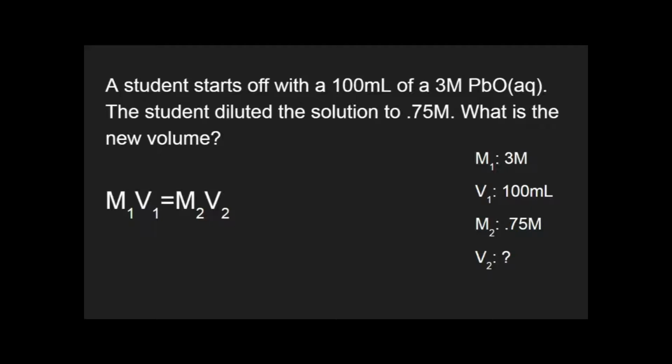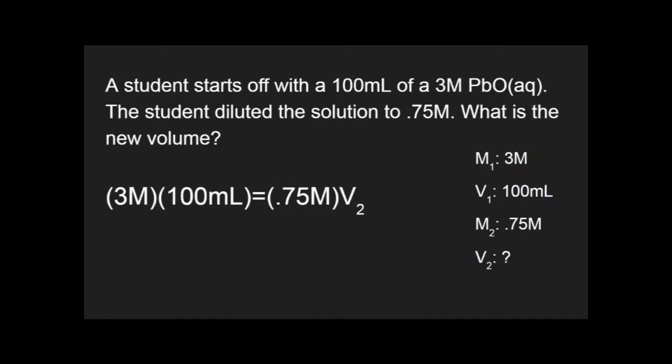So now, let's try solving this question. The first thing I did was write the equation, M1V1 equals M2V2. Secondly, I listed my givens. We start off with an initial concentration of 3 molar and an initial volume of 100 milliliters. Our new concentration is 0.75 molar, and we will now plug in to find the new volume. So plugging in, we get that 3 molar multiplied by 100 milliliters is equal to 0.75 molar times V2.